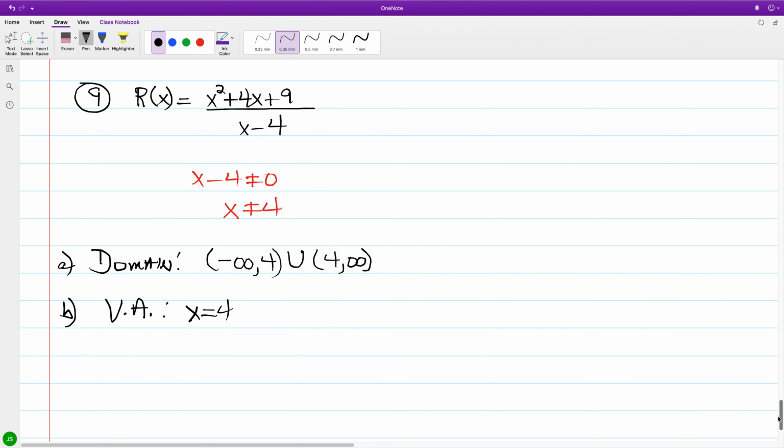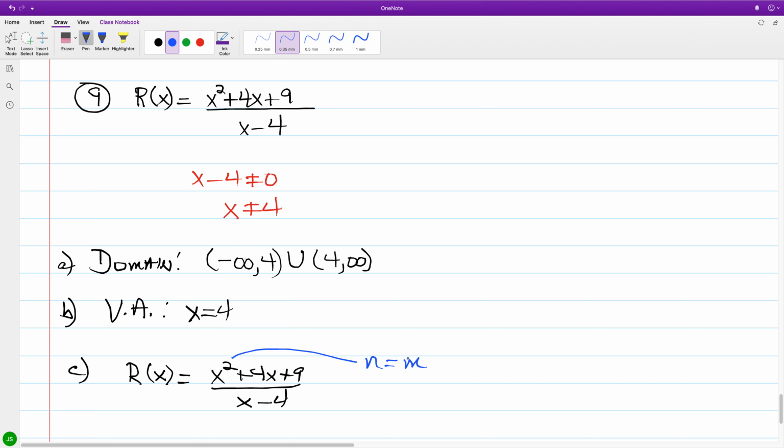Looking at the degree comparisons for r of x equal to x squared plus 4x plus 9 over x minus 4, there will be a difference. In the numerator, the highest order term is x squared, so n is equal to 2.